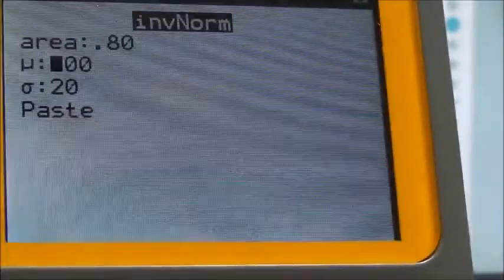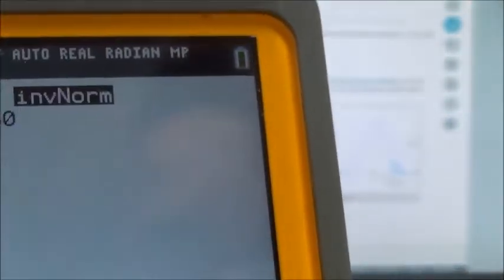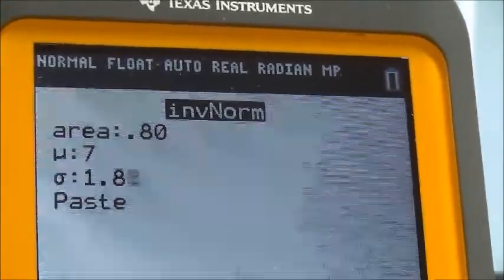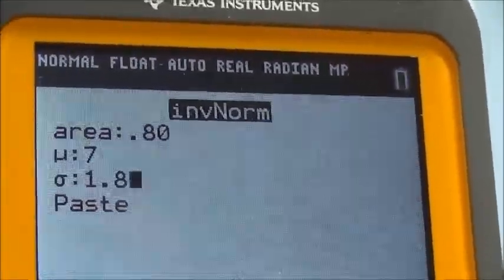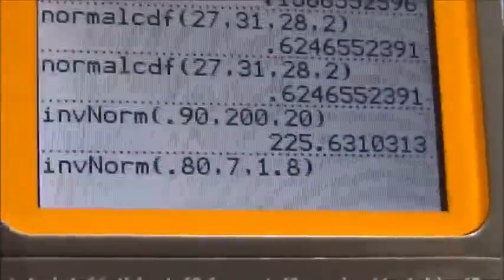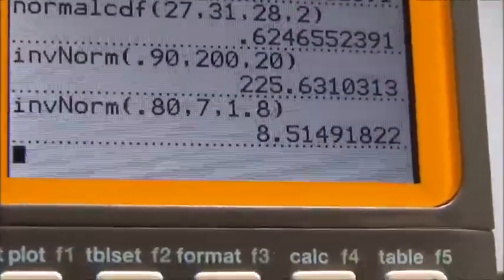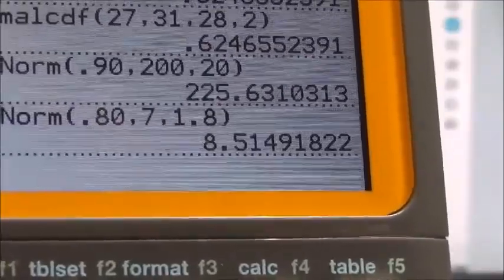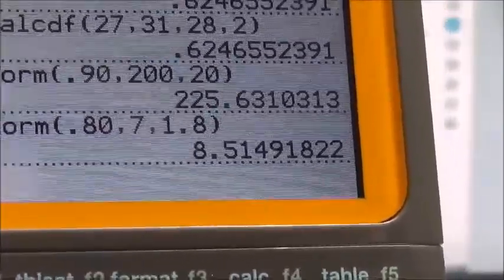My mean was 7 hours. My standard deviation is 1.8 hours. So the area under the curve, I'm doing 80% and then 7 and 1.8. If I paste that into my formula and I hit enter, I have 8.51. 8.51 is what I get on my graphing calculator.